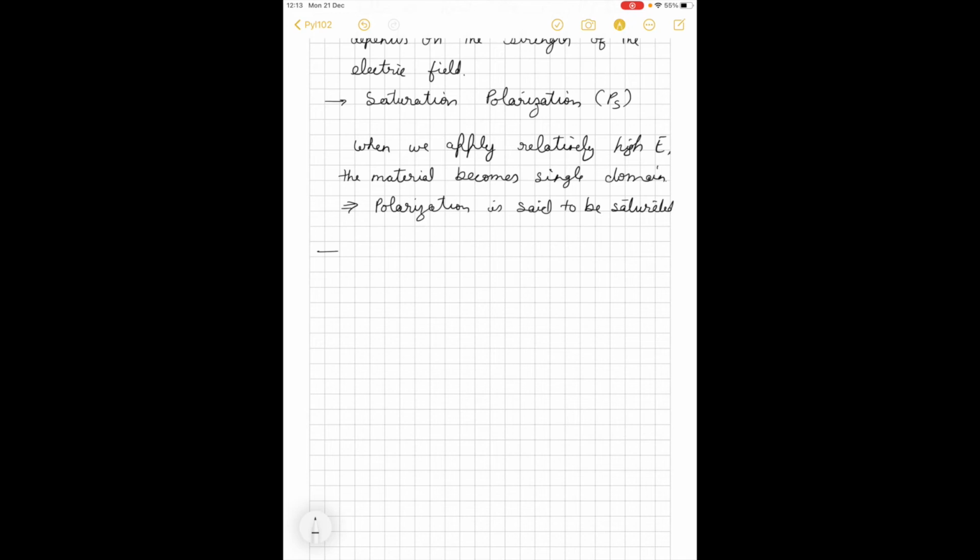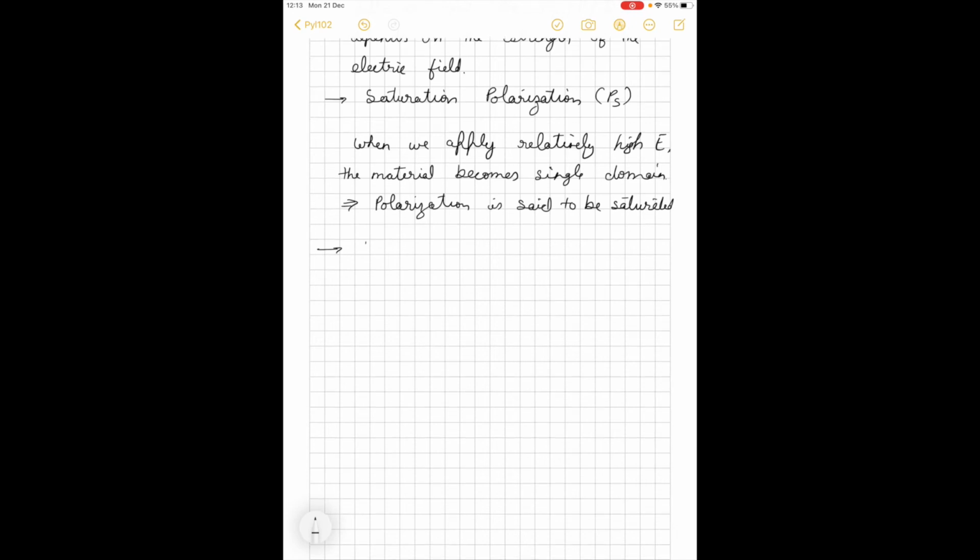The next definition which I want you to know is poling. Poling is a process.